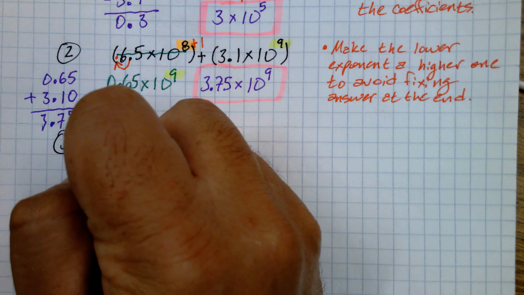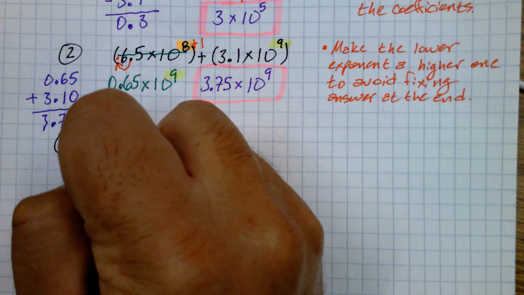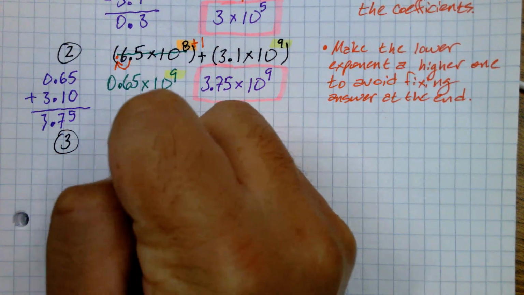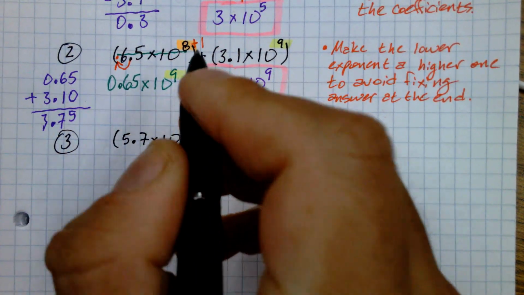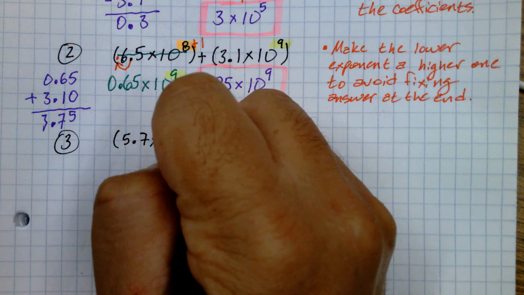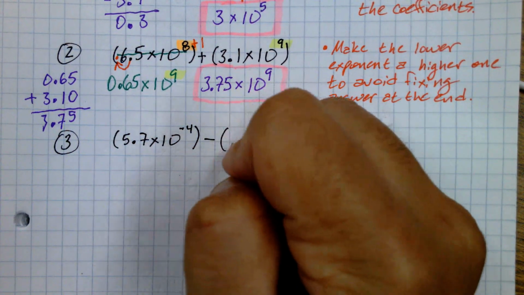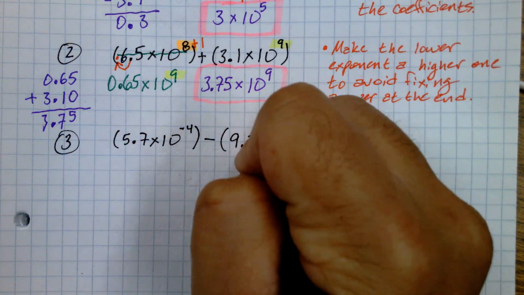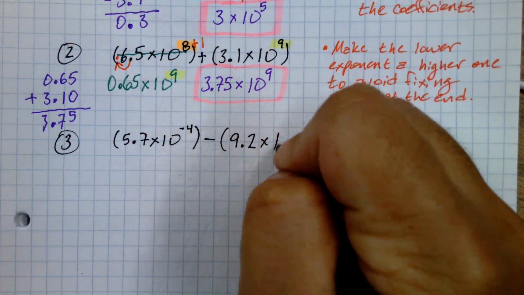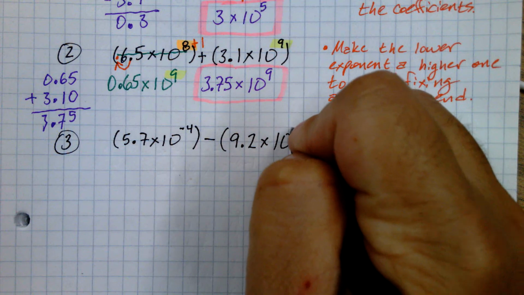So let's go. 5.7 times 10 to the negative 4, take away 9.2 times 10 to the negative 6.